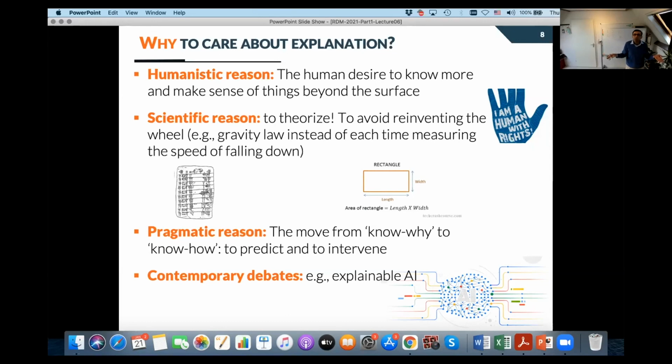What's the difference between non-explainable AI and explainable AI? It has to do with the explanation. It's not enough that you know that if you give these inputs, you get those outcomes. Yes, that's important, that's useful, that's pragmatically important, but you need to know why, at least some sense of explanation.